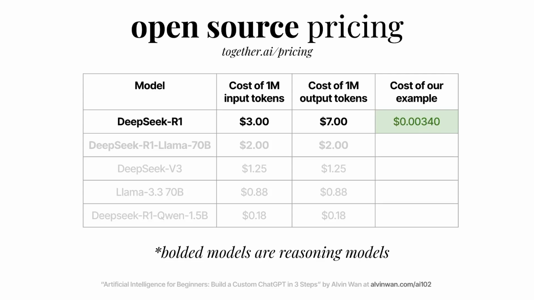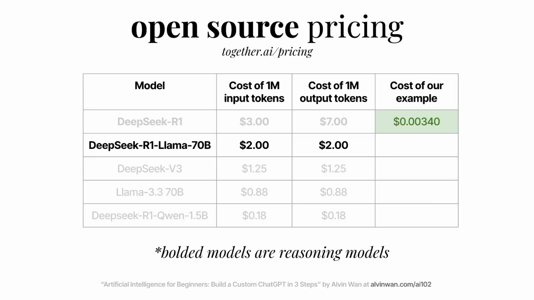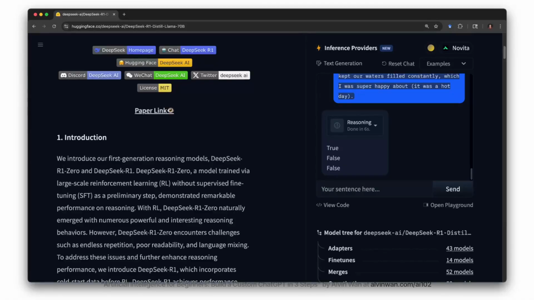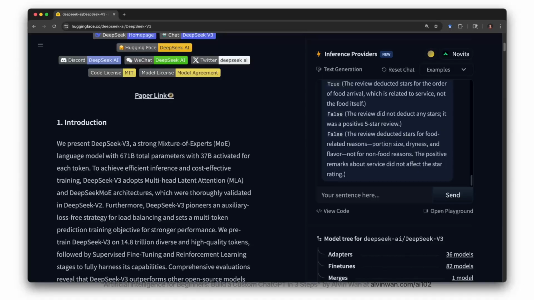Like before, let's now find the cheapest model that can complete our task. Let's try the next cheapest model, DeepSeek R1 Llama 7 billion. This model also gets the answer correct, true, false, false. DeepSeek Llama costed us 1/6 of a cent, so we've now lowered our cost by half. Now let's try the next cheapest, DeepSeek V3.